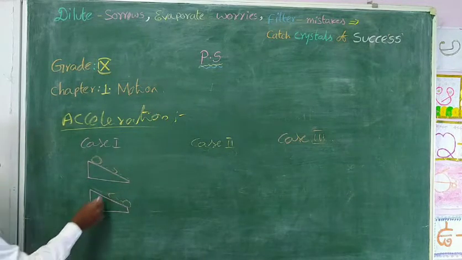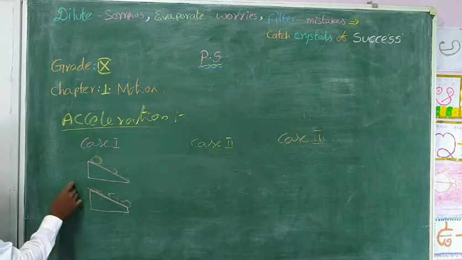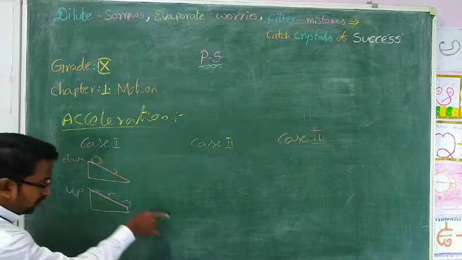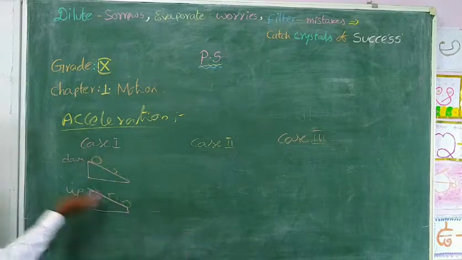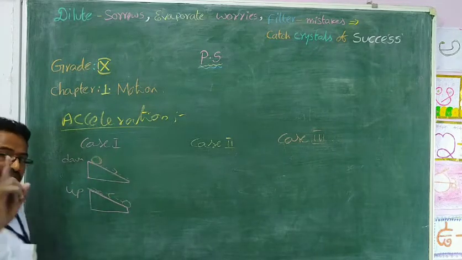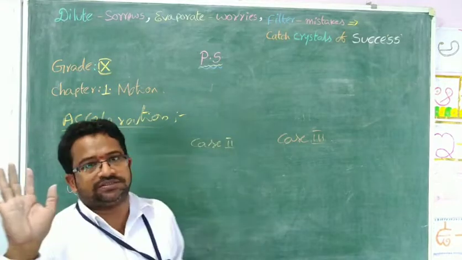In this case, what do you observe? The direction is the same: upward here, downward here. So the direction is continuously downwards, or continuously upwards. But what is changing? The velocity is changing. In case 1, velocity is changing, direction remains constant.